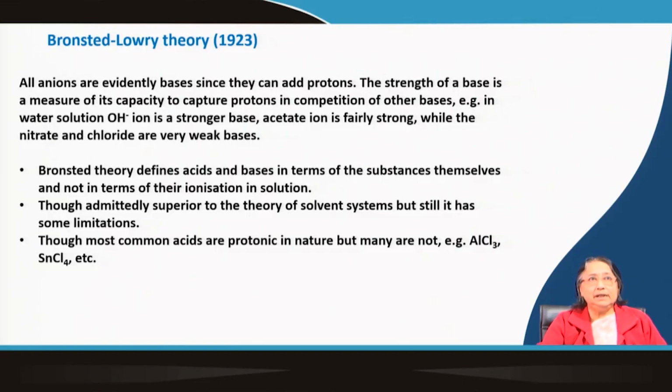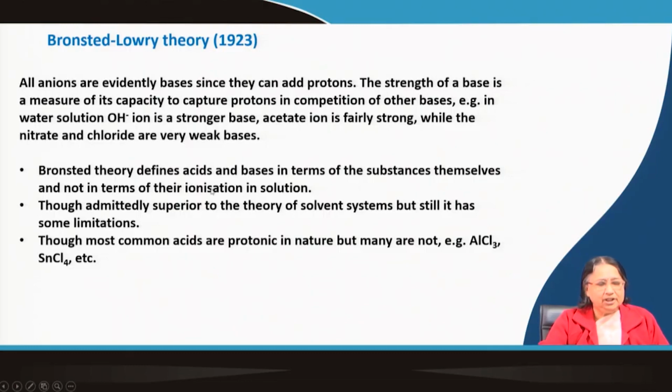For example, in water solution, the OH minus ion is a strong base, acetate ion is fairly strong, while nitrate and chloride are very weak bases. In real life also, we know that OH is a very strong base, acetate ion, though basic, is not as strong as OH minus, and nitrate and chloride are very weak bases.